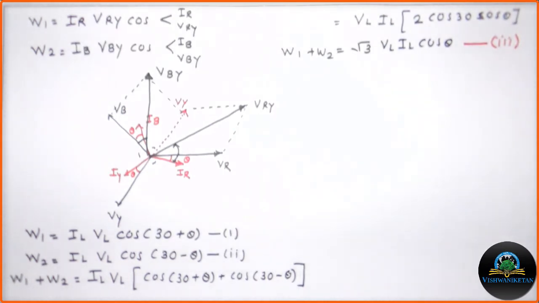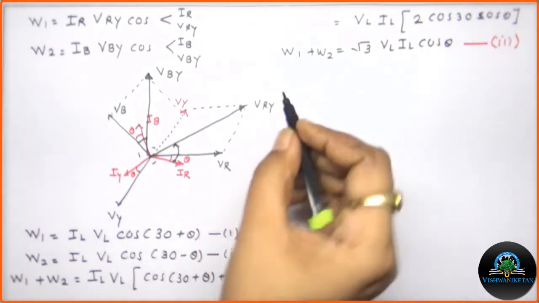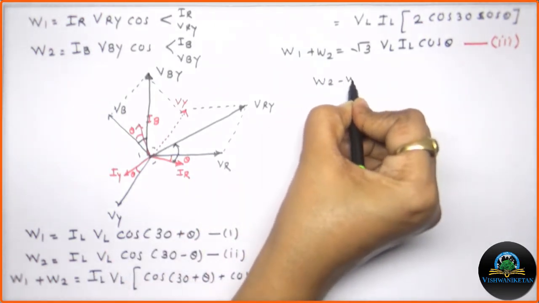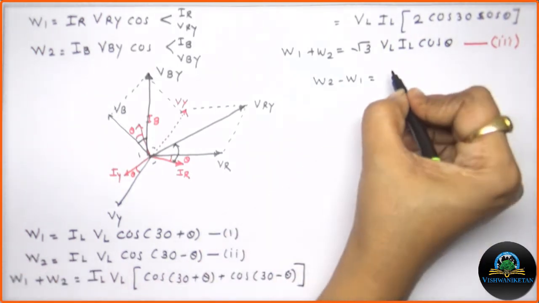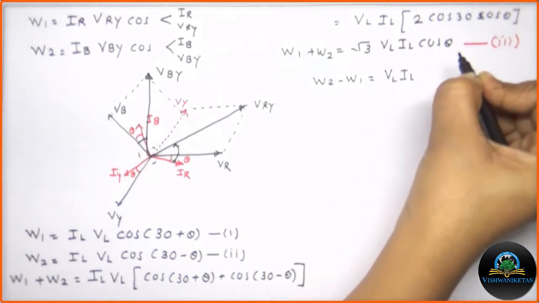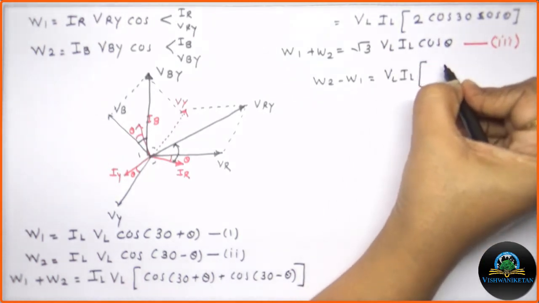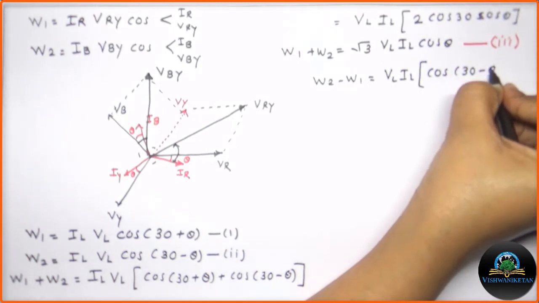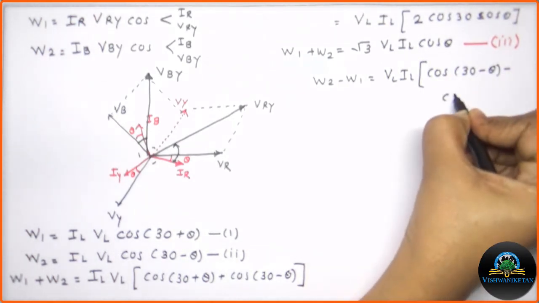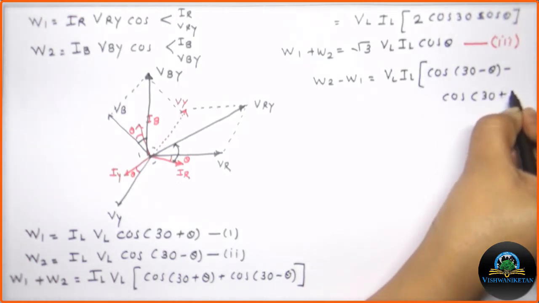Similarly, if I take the subtraction between 2 and 1, I will be getting the equation W2 minus W1, which is equal to, from these equations, subtracting equation number 1 from 2. The common part is VL IL, then cos 30 minus theta minus cos 30 plus theta.